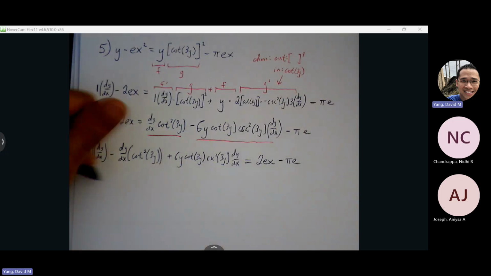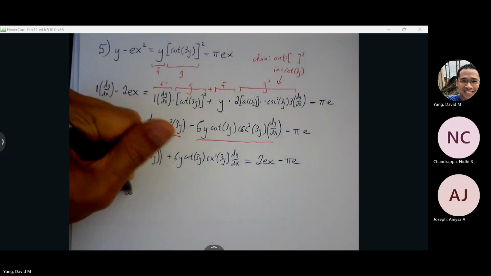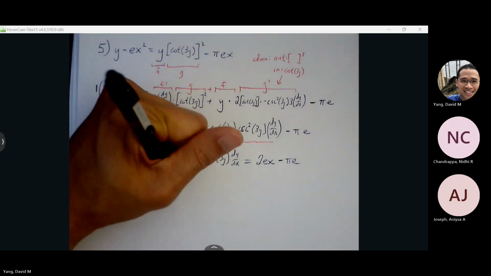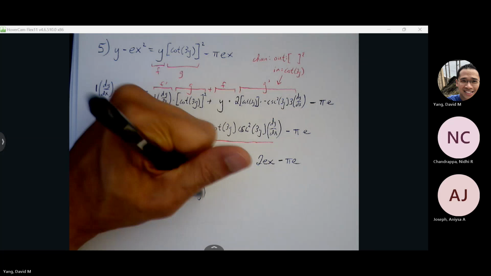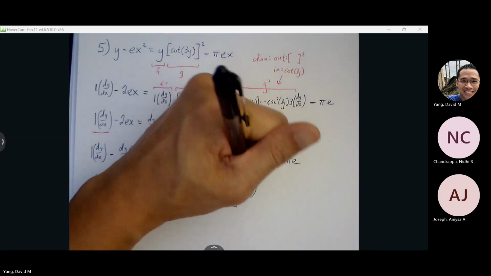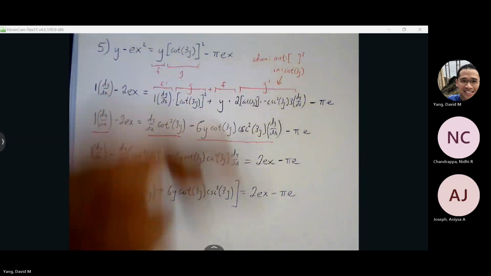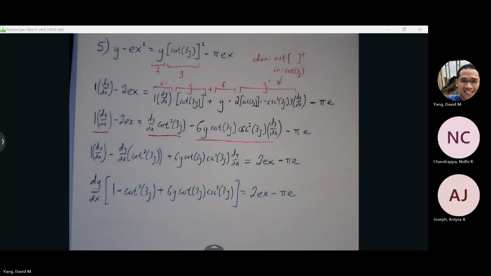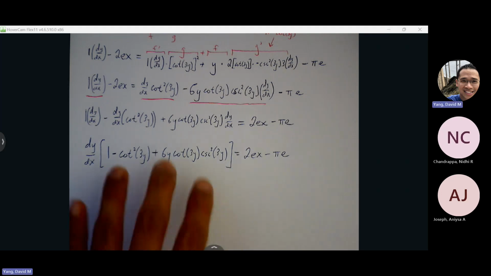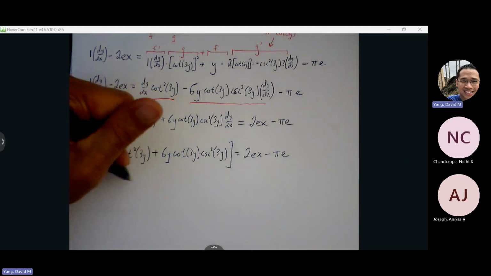Okay, factor out your dy dx. Last step, just divide all this over to the denominator.